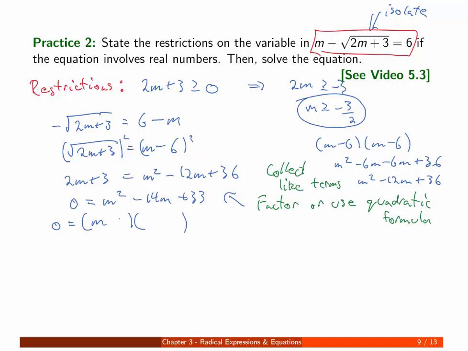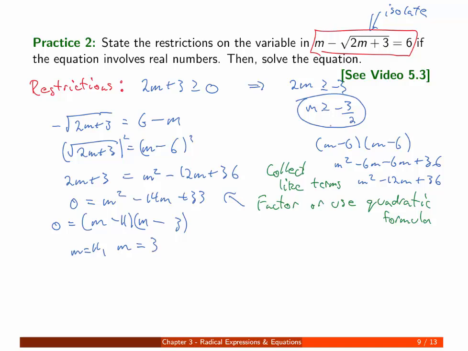This is going to be 11 and 3. When you're dealing with 33, there's not too many factors, so it's pretty easy to check if you're going to find one immediately. In this situation, both of them are going to be negative. Right? So here m is equal to 11, or m is equal to 3.